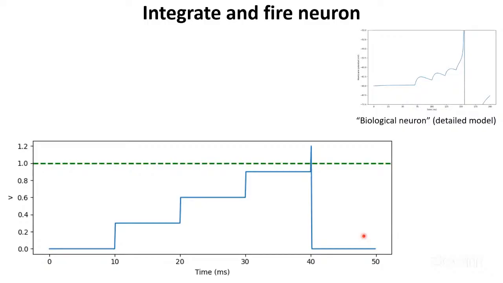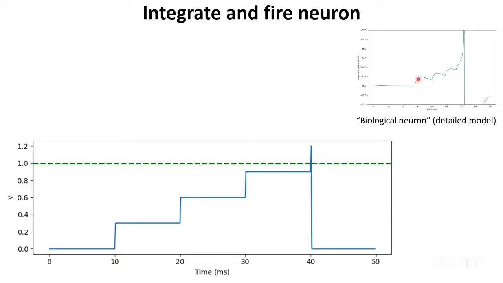This is what is called the integrate and fire model of a neuron. It is very close to a neuron, but not exactly neuron-like, because you still don't have the decrease in potential towards the resting potential.